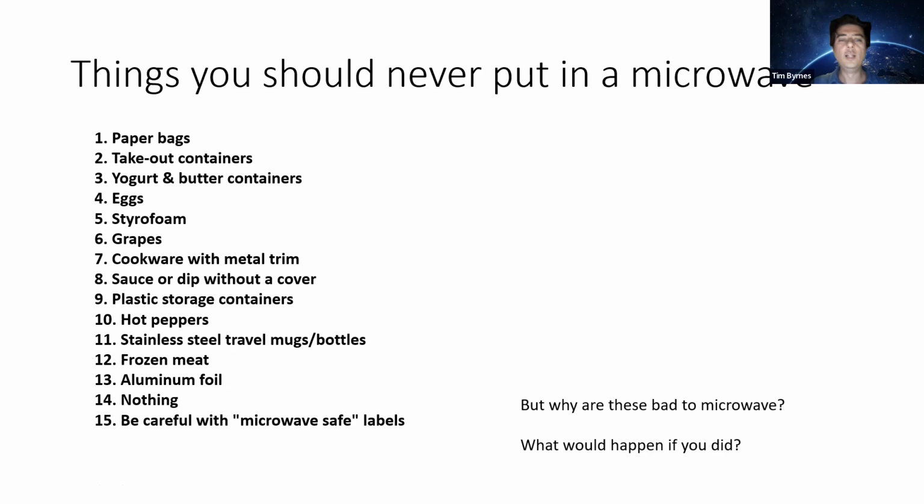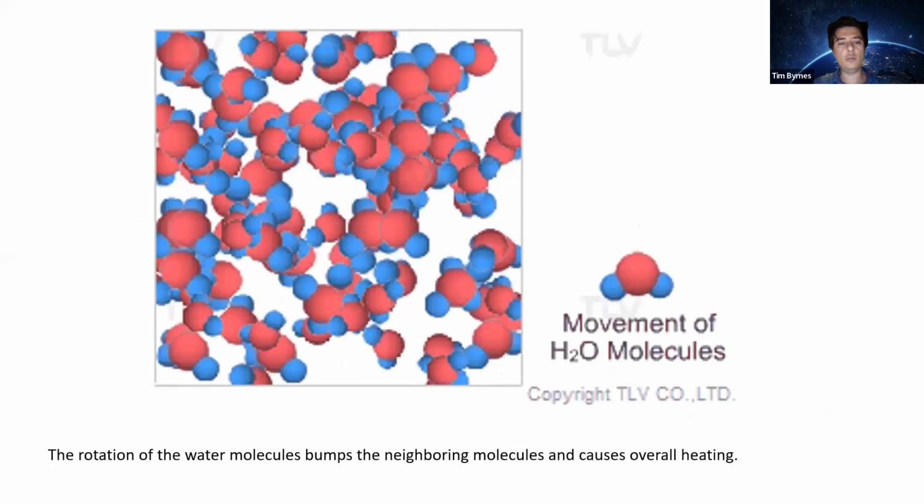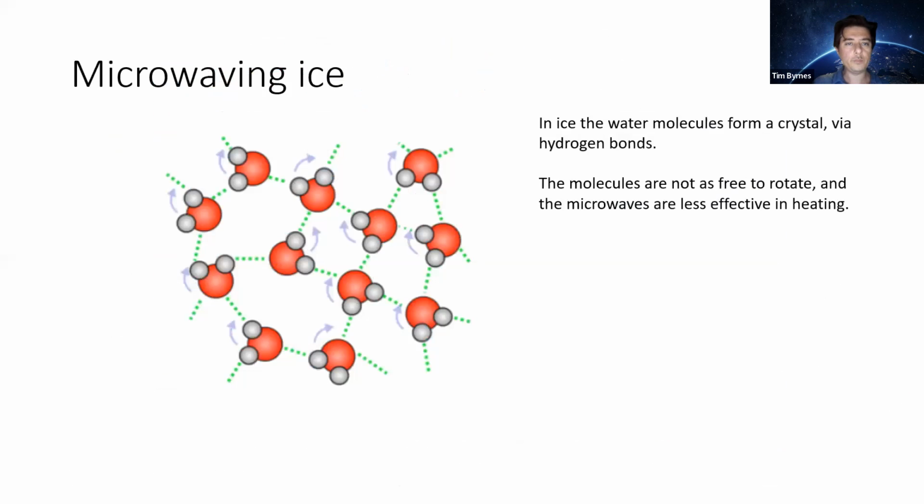I'm sure you've all tried to defrost meat in a microwave before, but you shouldn't try to cook it in the microwave, because the ice in the meat will not be very efficiently heated up, and you wouldn't be able to defrost or even cook the meat very well.